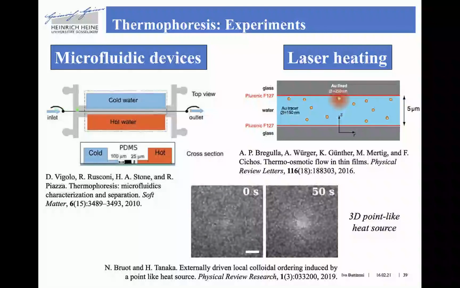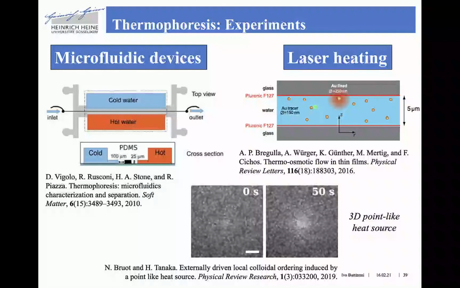And here we have an inlet where the probe colloids are injected, so that a migration either towards the cold or towards the hot happens in the direction normal to the channel length.